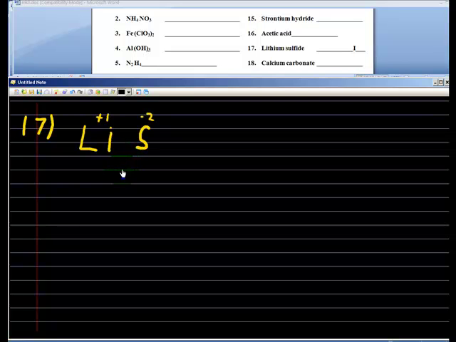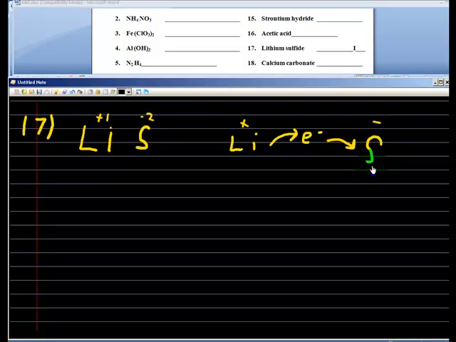Now the way we illustrate that is the following. Lithium is going to lose an electron. When it does so, it becomes positive. Sulfur is going to gain that electron. It becomes negative.